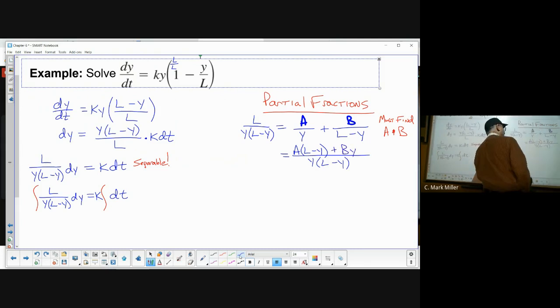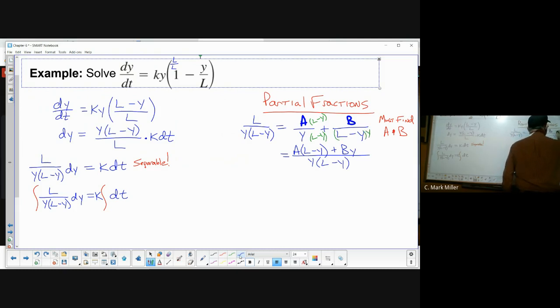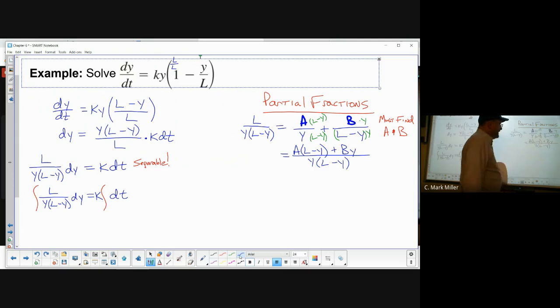If it makes you feel better, you can put L minus y there and there, and times y here and there, as a preliminary step. I'm multiplying top and bottom by the same thing, which is multiplying by 1. That gave me the common denominator, and the top becomes what I have here. It's like cross multiplying, technically. We didn't cross multiply there.